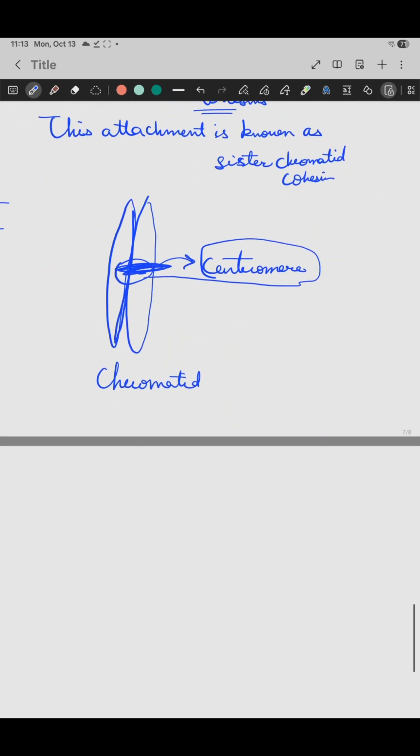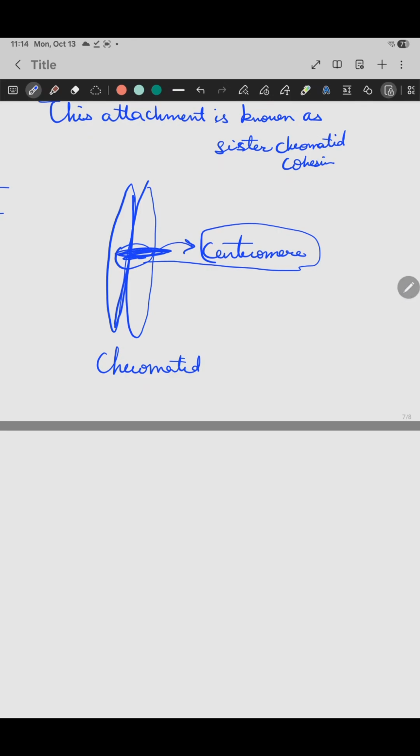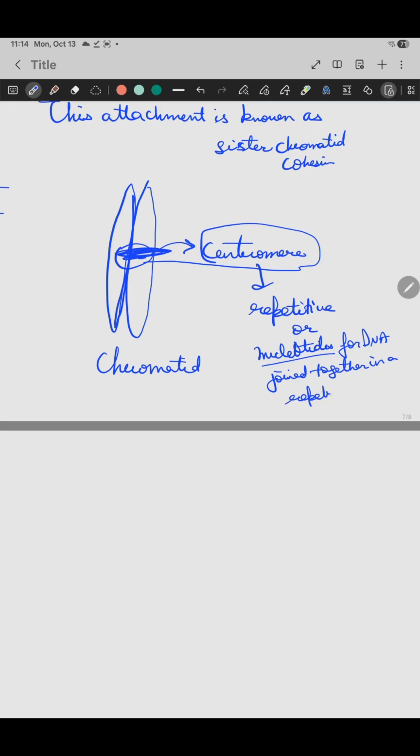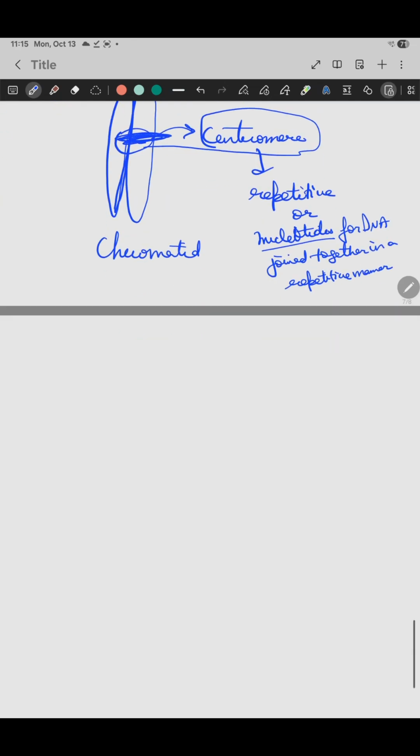This also shows that it is made up of repetitive nucleotides of DNA joined together in a repetitive manner, which gave the path for creating a centromere.